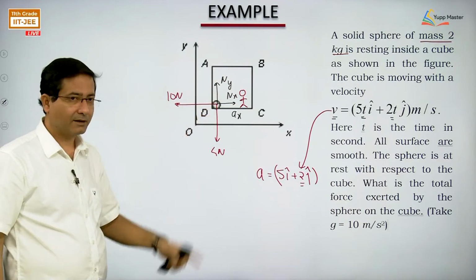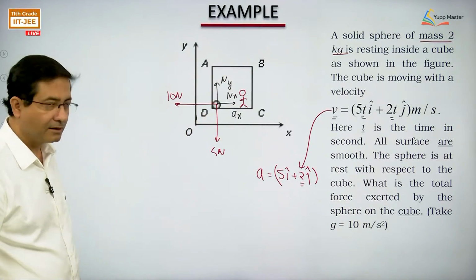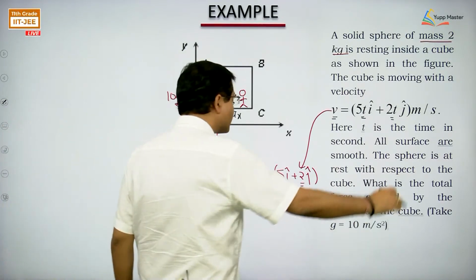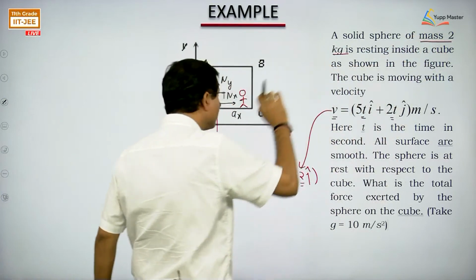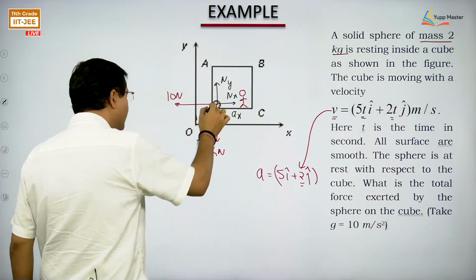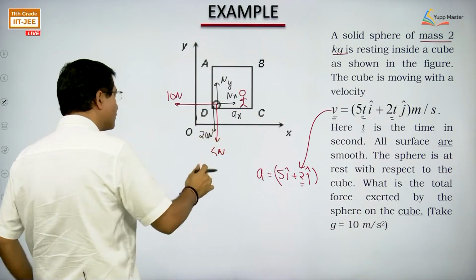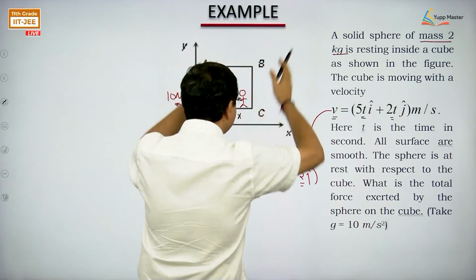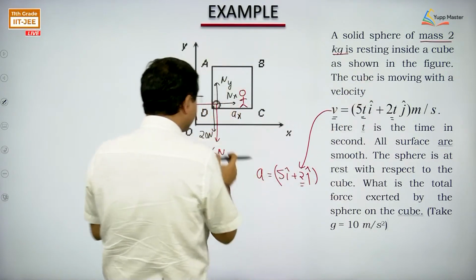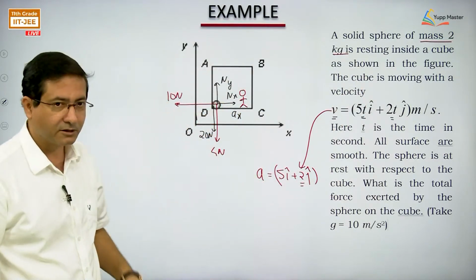So Nx, Ny I will observe, and one more force, that is gravitational force. On this 2 kg ball there will be gravitational force 20 Newton. This box is in a vertical plane, so mg will be acting in downward direction.